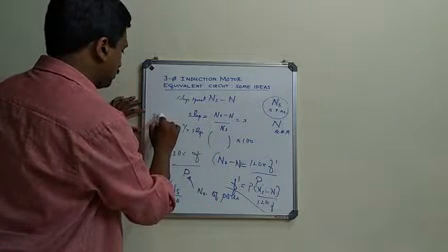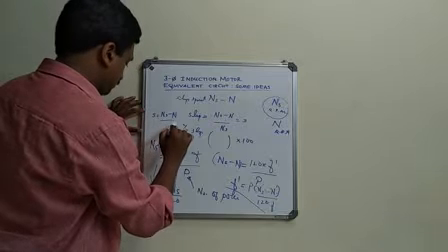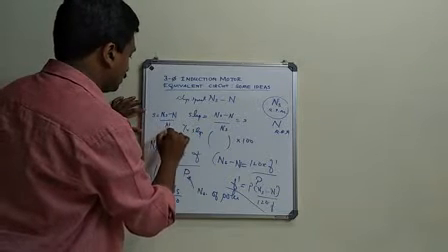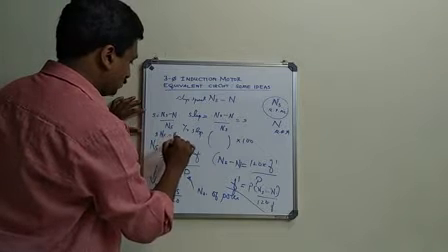So s is equal to (ns minus n) divided by ns. So s ns is equal to ns minus n.